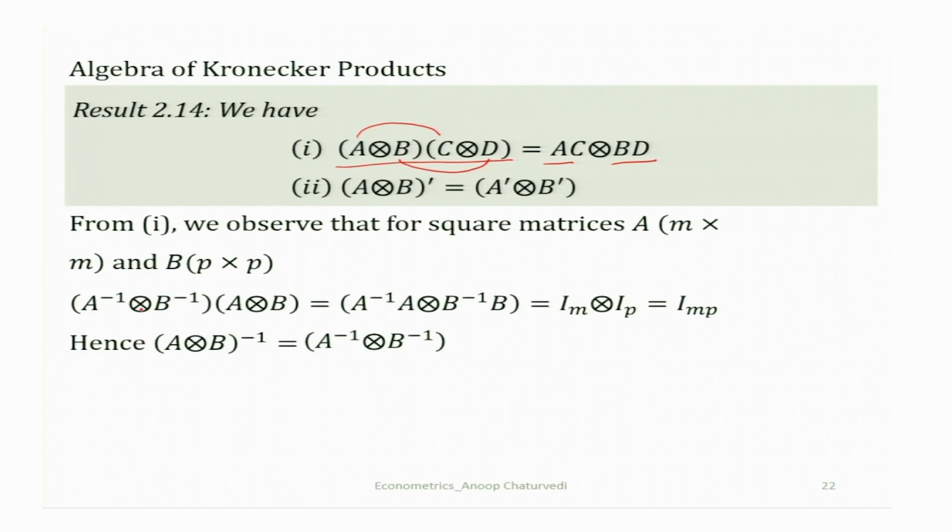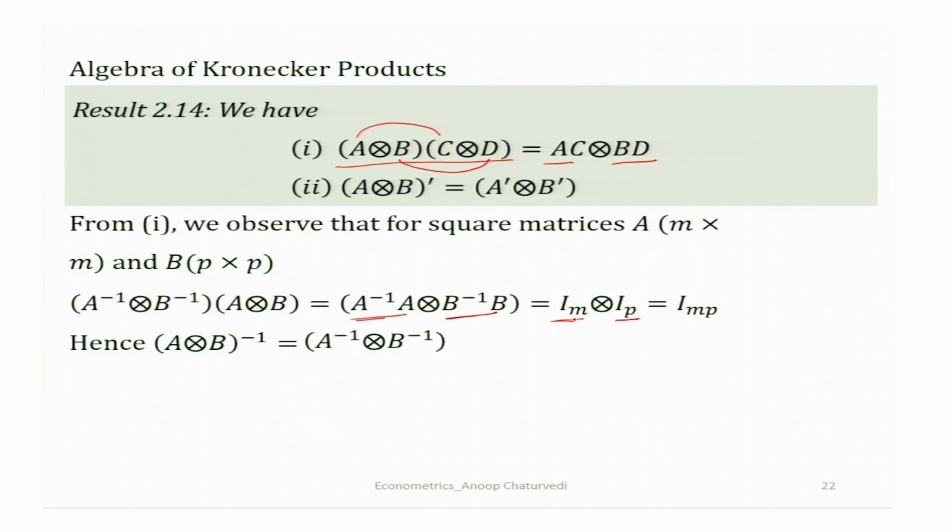Then A inverse canonical product B inverse into A canonical product B, using this result, is equal to A inverse A canonical product B inverse B. Then A inverse A is equal to identity matrix of order m, and B inverse B is identity matrix of order p.